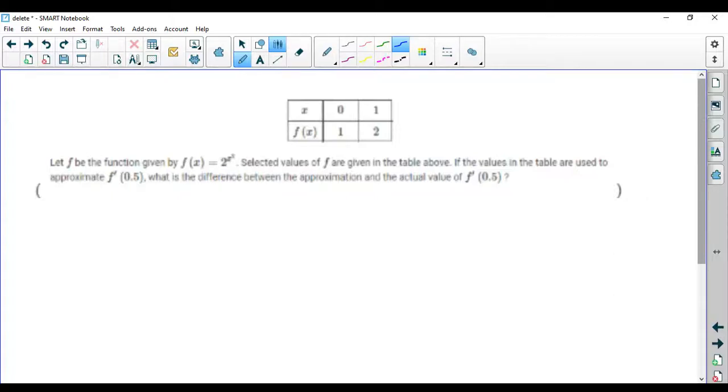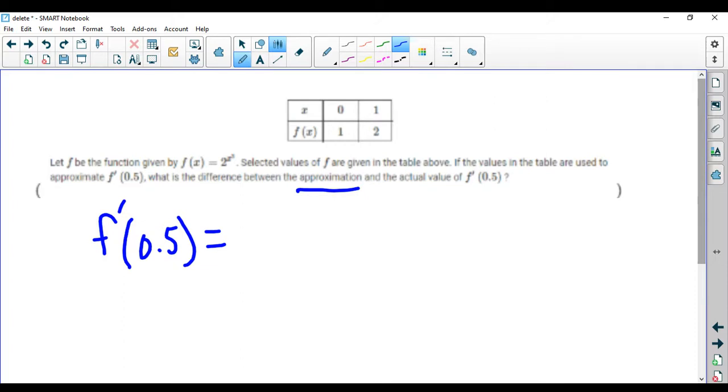Okay, so this question is an approximating a derivative question. So first thing we're going to do is, when you're approximating a derivative, all you're doing is determining the slope. And since they're asking you to approximate the derivative at 0.5, you need to find the slope at x equals 0.5.